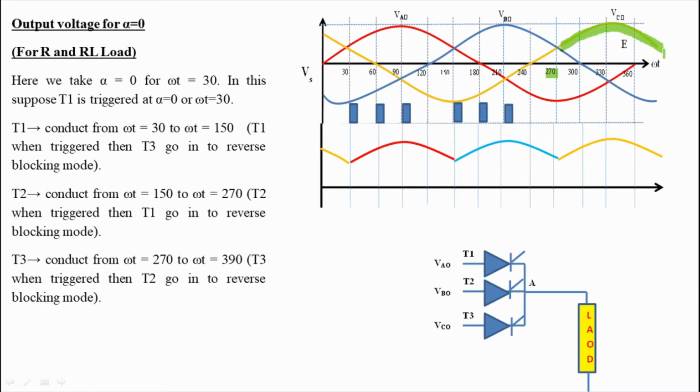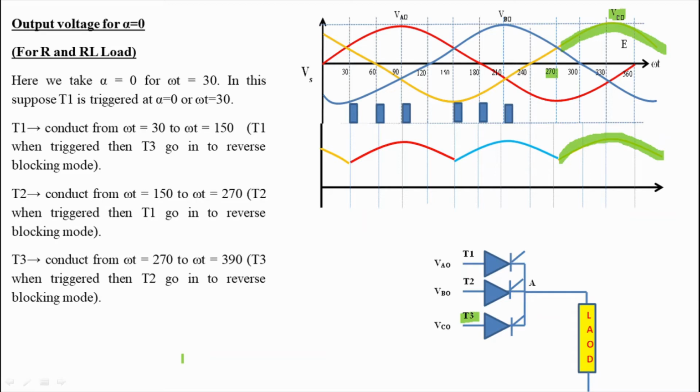When T3 conducts, we can see that the voltage VC0 is the highest of all. It means VC0 is greater than both VA0 and VB0. So only thyristor T3 will conduct, and we will get output voltage V0 equal to VC0. It means each thyristor is conducting for 120 degree here.